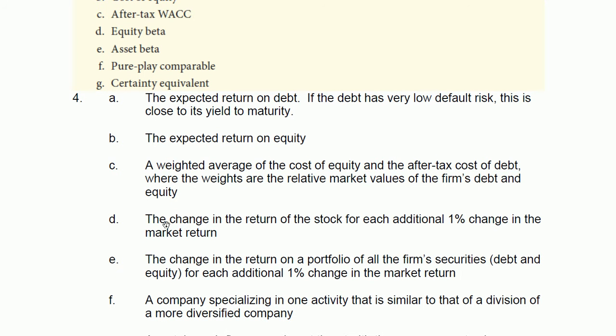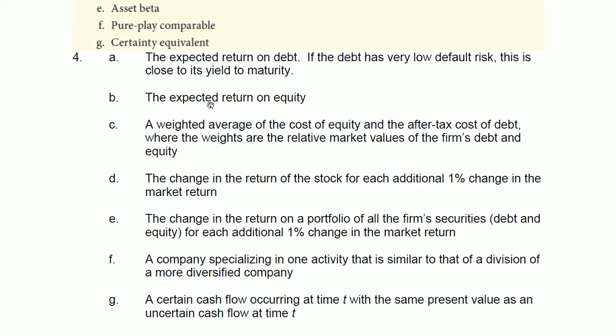D, equity beta is the change in the return of the stock for each additional 1% change in the market return. E, asset beta is the change in the return on a portfolio of all the firm's securities, debt and equity, for each additional 1% change in the market return.